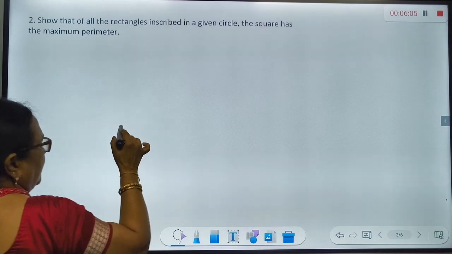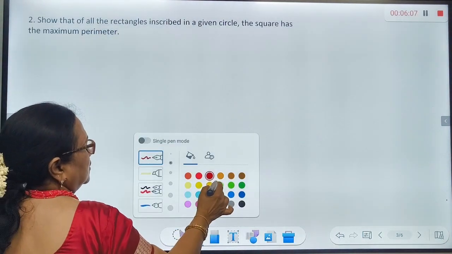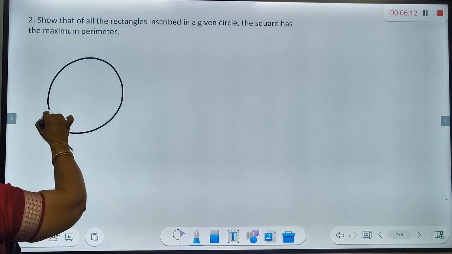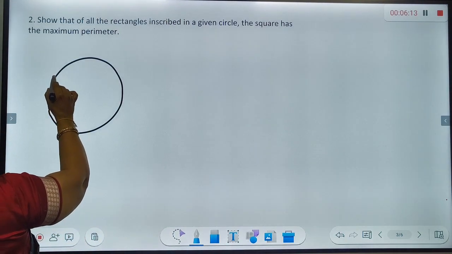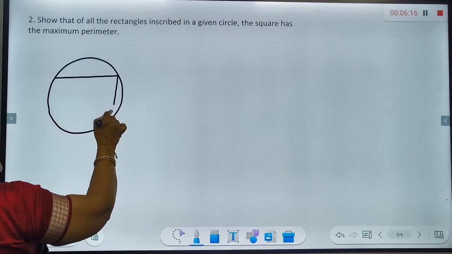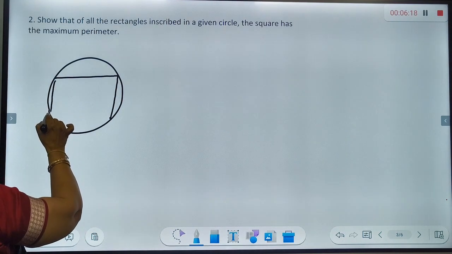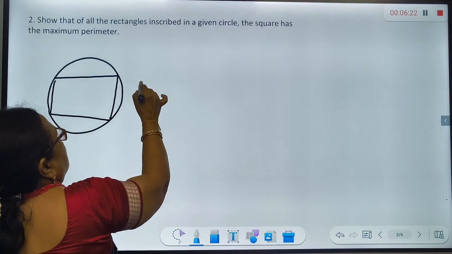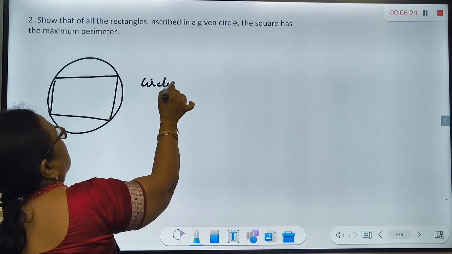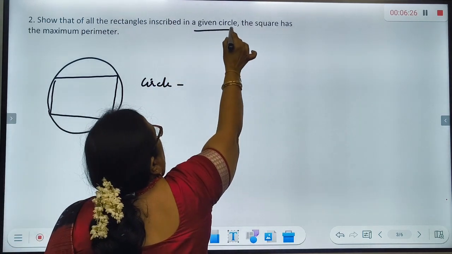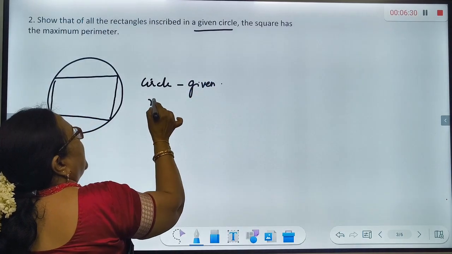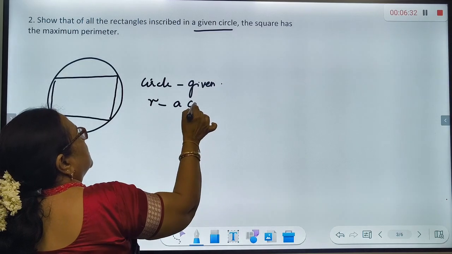So let me draw the circle again. I am going to inscribe a rectangle. The circle is given, so its radius is a constant.